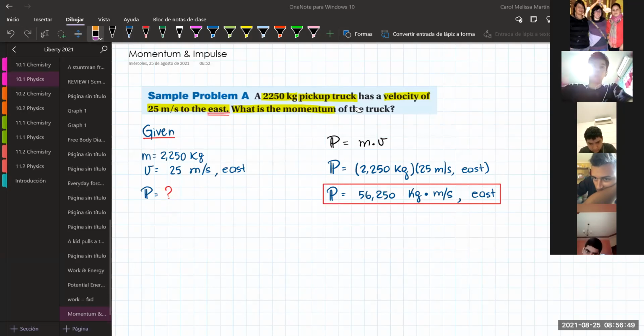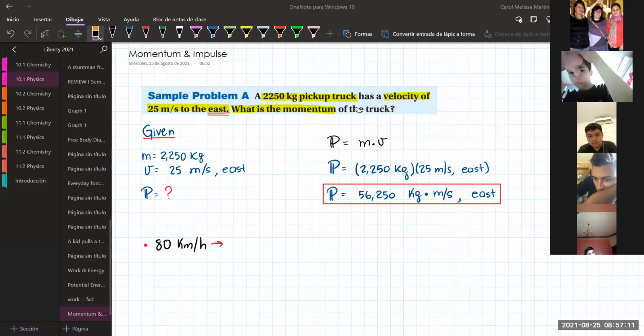Two very common conversions that you might need. One is in kilometers per hour. Let's say that I give you a velocity of 80 kilometers per hour. All you have to do is write it in fraction form.